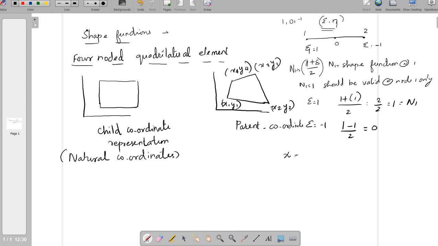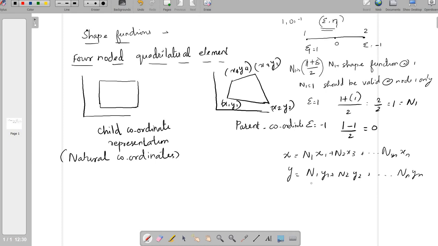We are going to calculate the displacement in global coordinate with the help of the shape function and its local coordinates, up to n number of coordinates: n1 x1 plus n2 x2 up to nn xn. Similarly, the y displacement, we can find as n1 y1 plus n2 y2 up to the number of coordinates available.